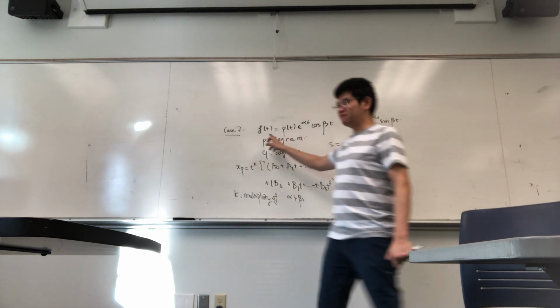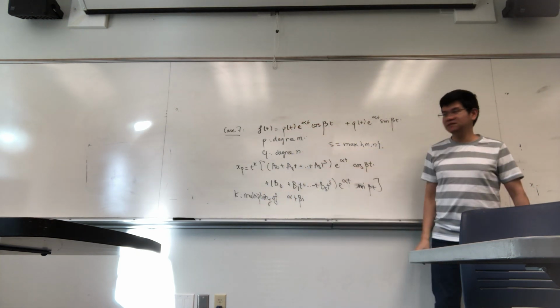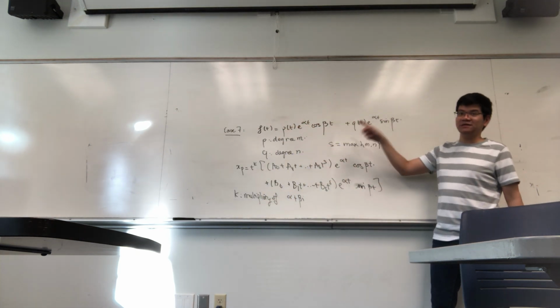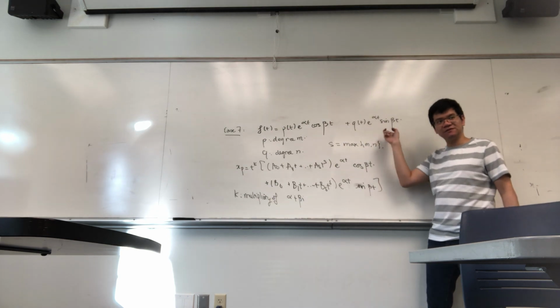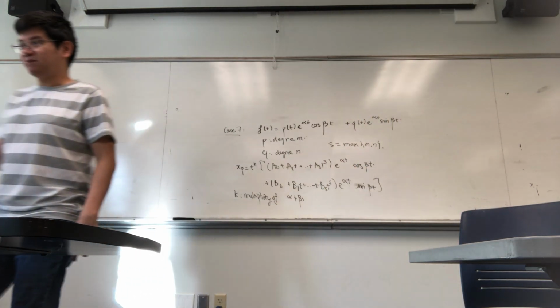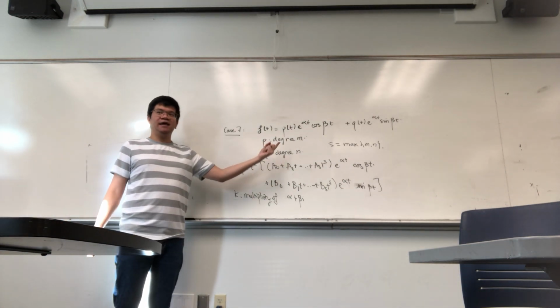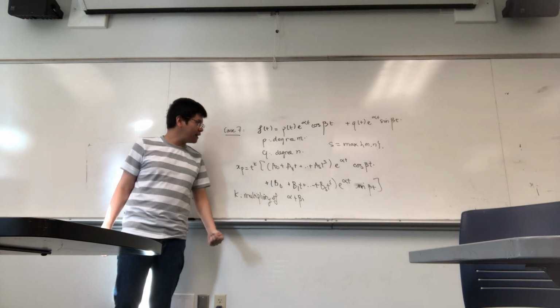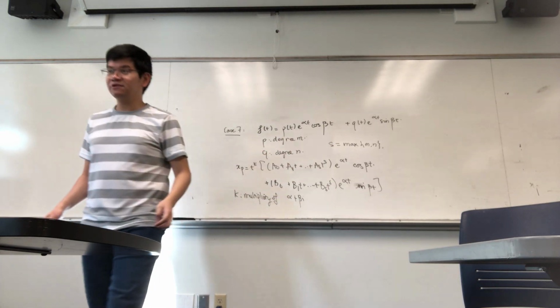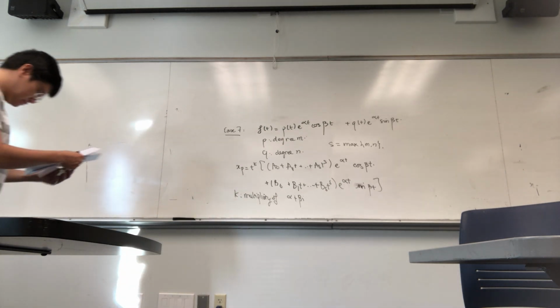In this case, you have a polynomial times an exponential times cosine, and a polynomial times an exponential times sine. All right? So this is very complicated, but you have the table. So in the table, you find that if P is of degree m and Q is of degree n, you consider the maximum of m and n.